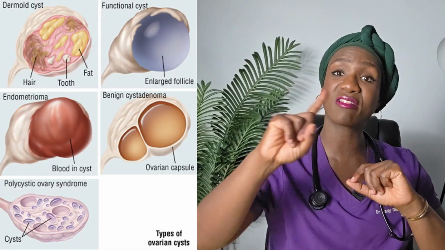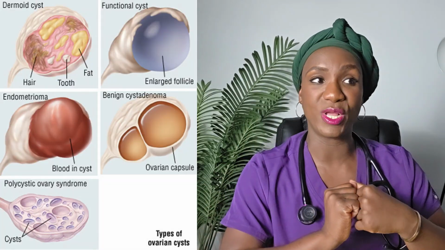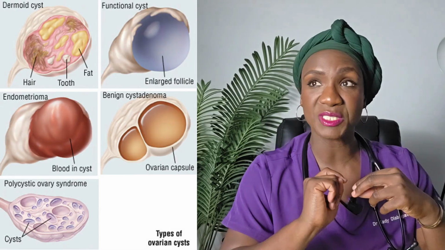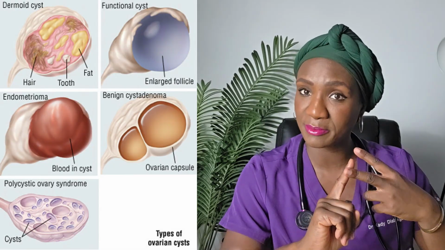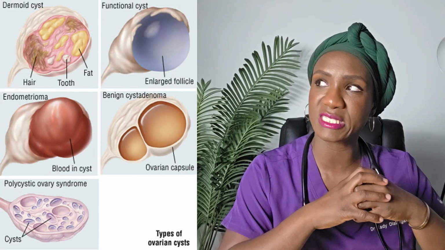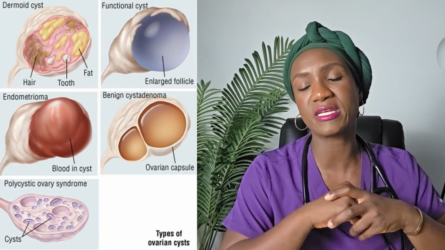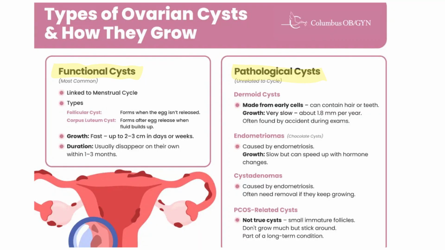However, you can have another type of ovarian cyst which can contain air. Sometimes it may contain blood, but at times certain ovarian cysts may contain semi-solid material. So there are two different groups of ovarian cysts.